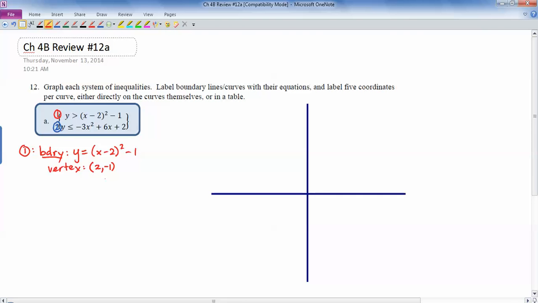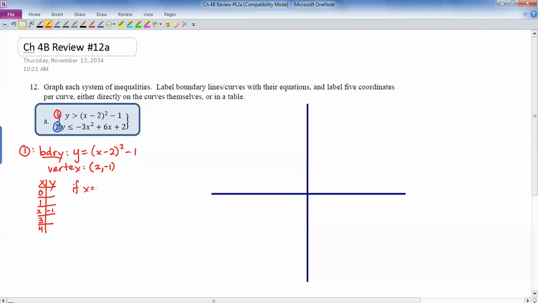And then we need some other coordinates, so let me make a little table here for it. So x's and y's, and I'll put the vertex in the middle, (2, negative 1). If I plug in 1 and 0, I get the same answers as if I plugged in 3 and 4. So let's try 0 since that one's easy.